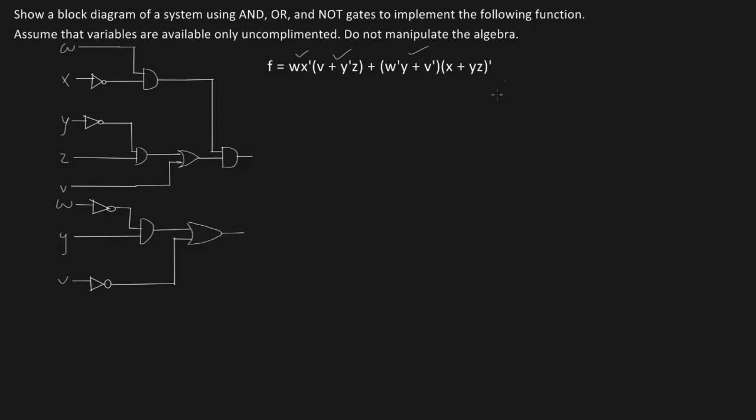So, moving on to this final part of the function here, we have our X ORed with Y and Z, and this entire thing is going to be complemented. So there's going to be a NOT gate at the end no matter what we do. So we've got our X, we've got our Y. Let's start with the Y and Z, and then the X down here.